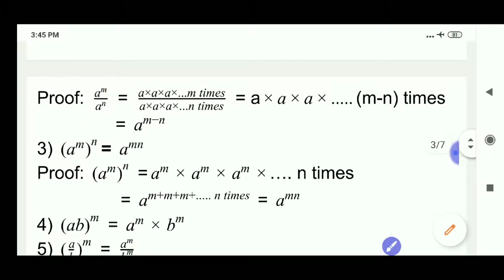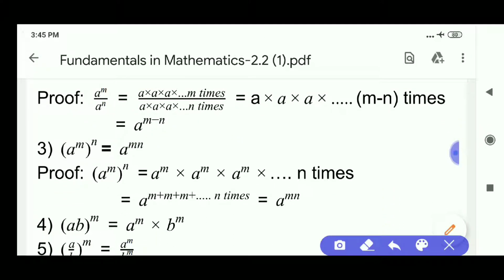Now third formula, a power m whole power n equals a power mn. A power m whole power n equals a power m into a power m into a power m and so on n times. That means here we are multiplying.